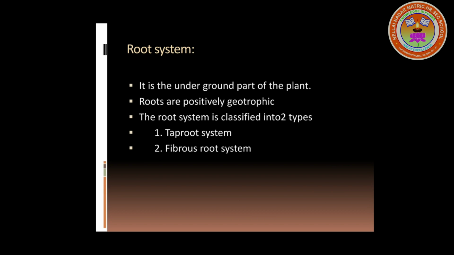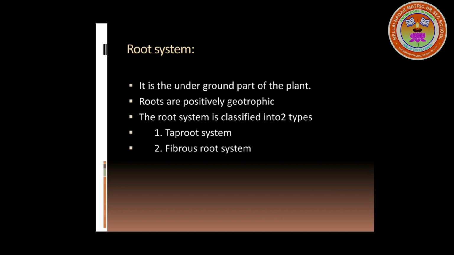We'll see about the root system. The root is the underground part of a plant. Can you see the root above the soil? Normally, the roots are seen below the soil. That is, it is the underground part of a plant.